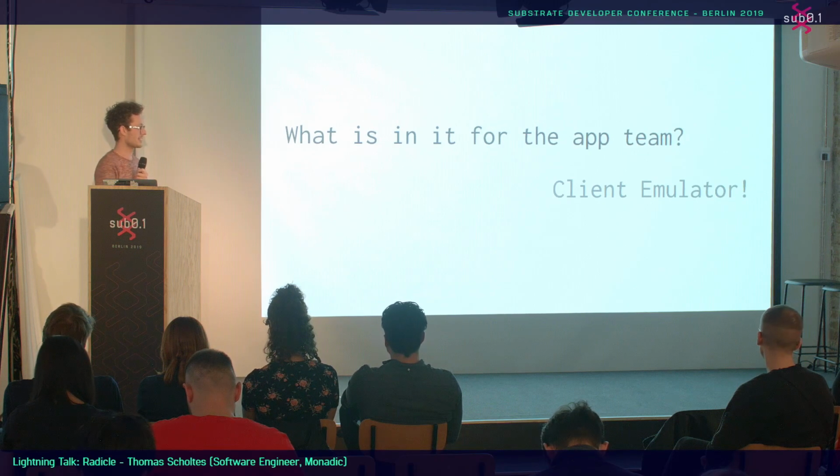And so it's easier for us to tell the app team, okay, here's this branch, you can use the client emulator. They start up this one background process which provides the blockchain without any of the overhead that Substrate has.